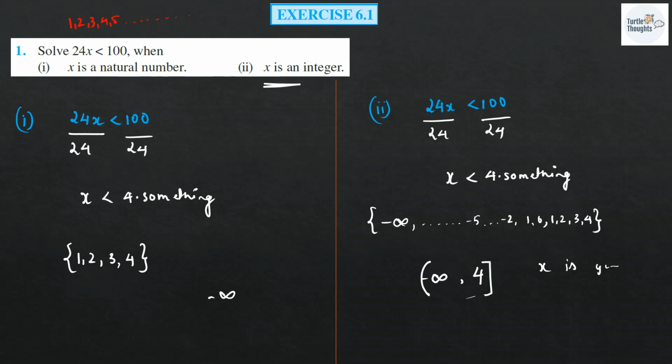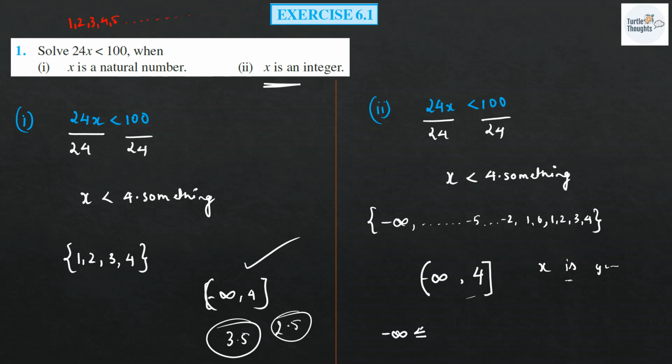Of course, if I just write this down without any context, yes, we can have 3.5 as well, 2.5 as well. Even this is going to come in the interval. Yes, true. But here you can mention one thing, that any number inside, or you can write it this way, where x is an integer.